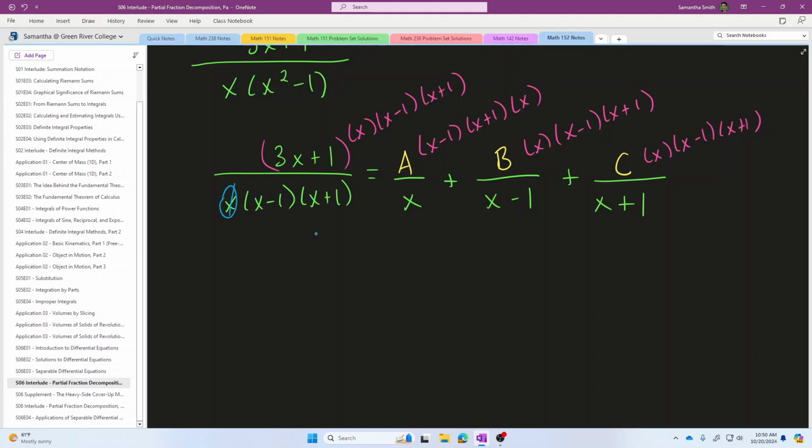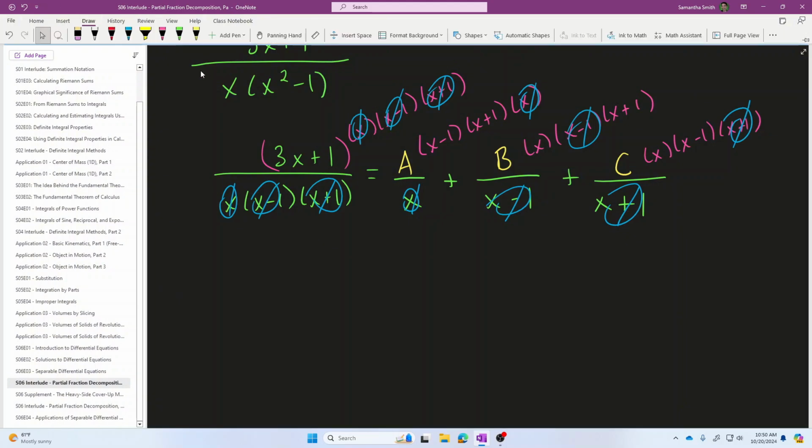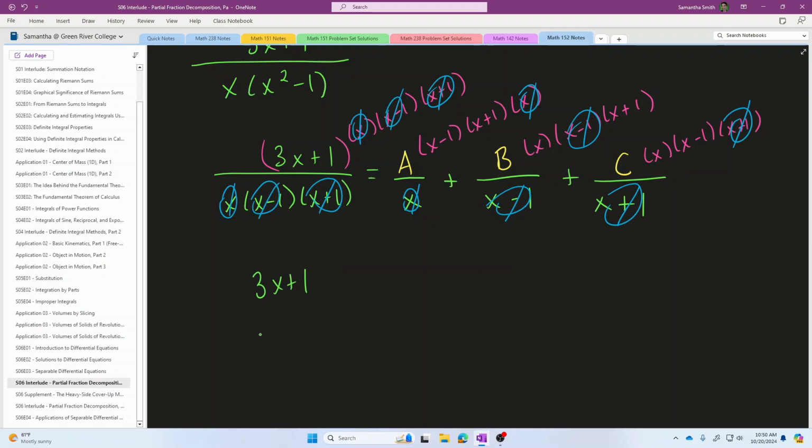This x cancels, this x minus 1 cancels, this x minus 1 cancels, and so on. What is left behind from that process is a 3x plus 1 on the left, an a times x minus 1 times x plus 1 on the right, plus b times x times x plus 1, plus c times x times x minus 1.